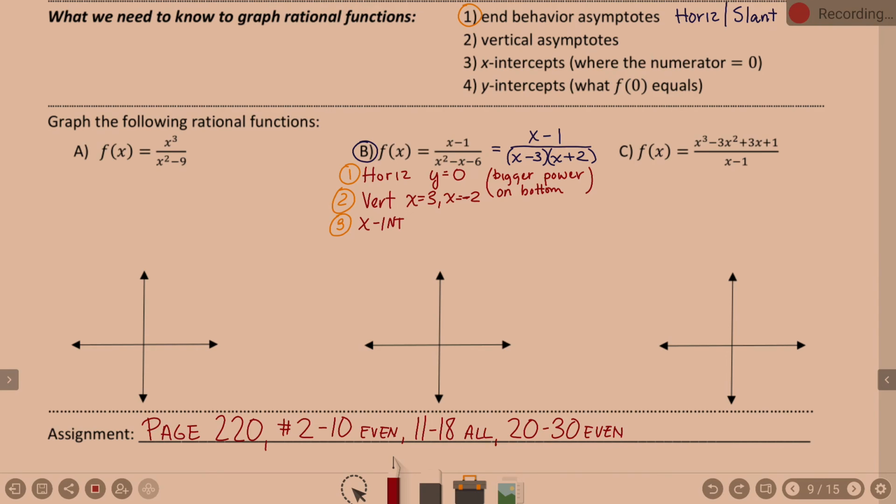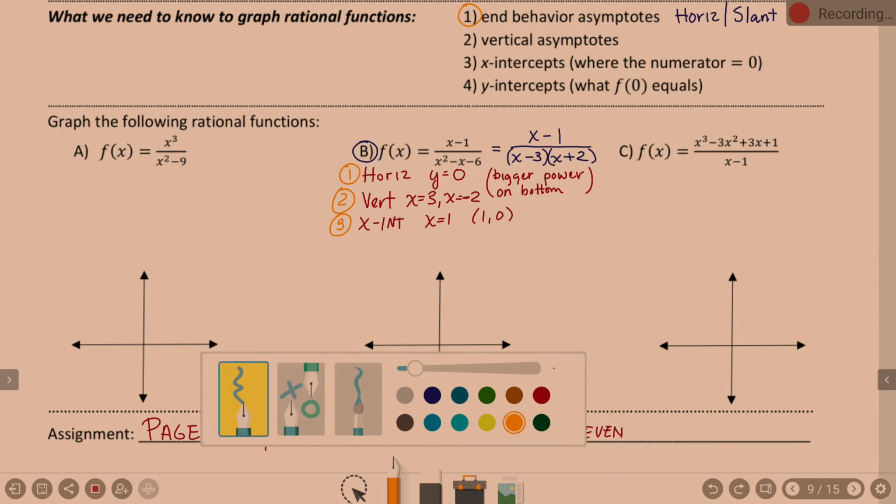When the numerator equals 0. So if I take my numerator and set it equal to 0, what's my x-intercept going to be? 1. So you have an x-intercept at x equals 1, or you can think about that as the ordered pair (1, 0). So that means step 4 is the y-intercept.